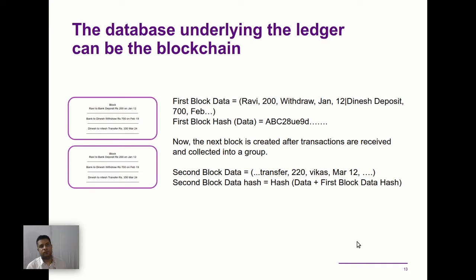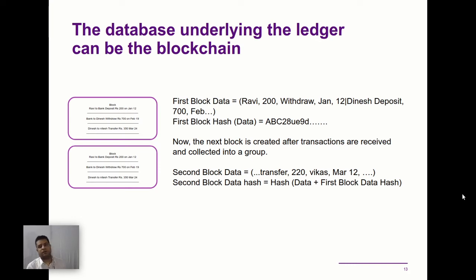Now, in our effort to convert this ledger to a blockchain ledger, what we do is we group the transactions for, let's say, 1 hour or 1 day into blocks. What that would mean is, let's say the first set of 200 transactions that came in the first 2 hours of the bank activity, they are added together and put into a block. And once that block is formed, we keep it aside and we start a new block for the rest of the transactions that are going to come in after the last transaction that came in for the previous block.